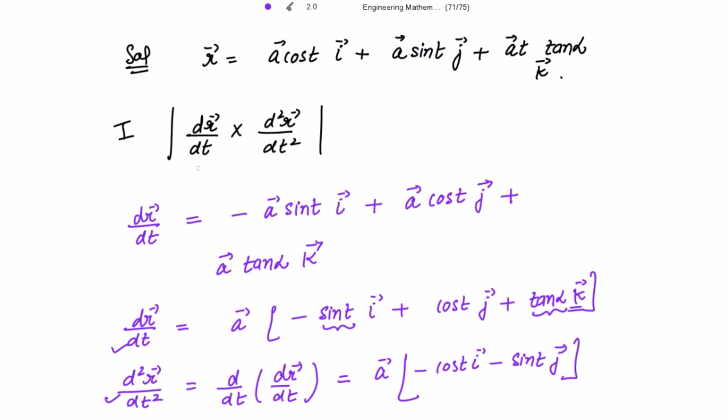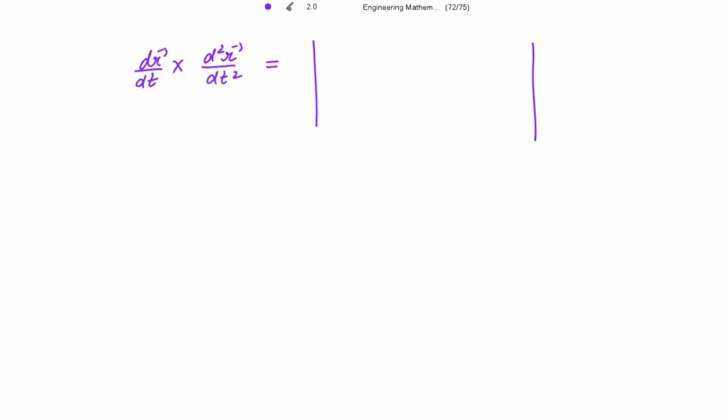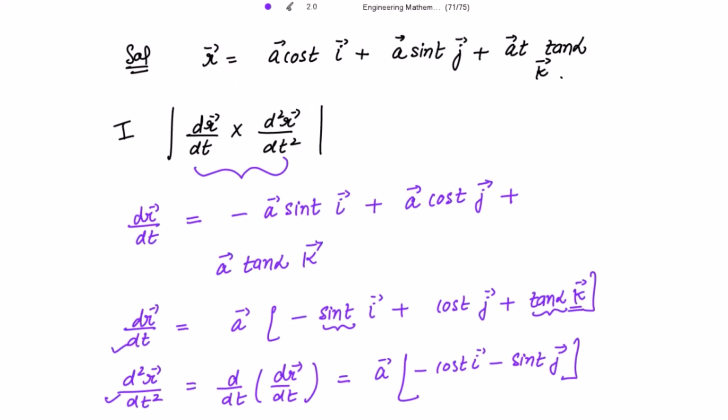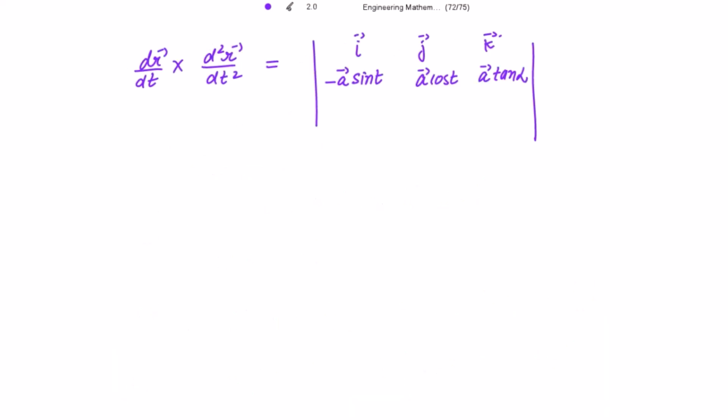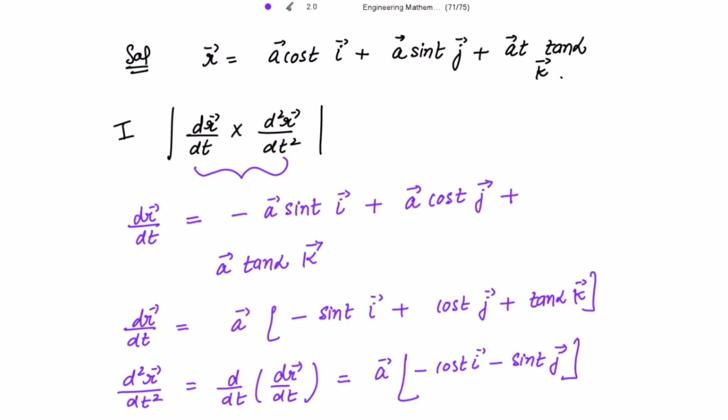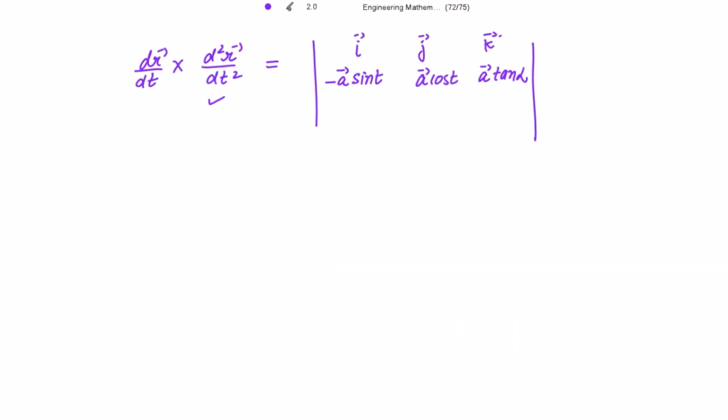Let's take the cross product of these two now. For the cross product, we need to find the determinant of, okay, writing the components of the first derivative of r, right? Okay, writing now the components for this double derivative. We have minus a vector cos t, minus a vector sine t.